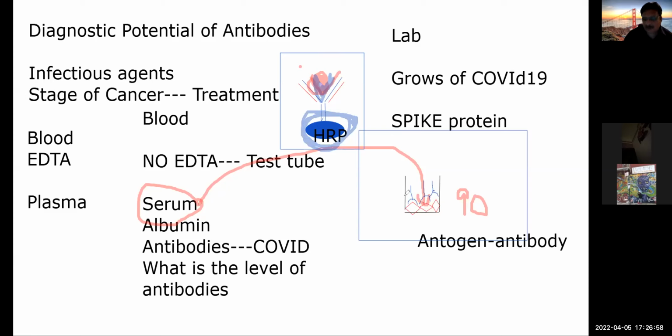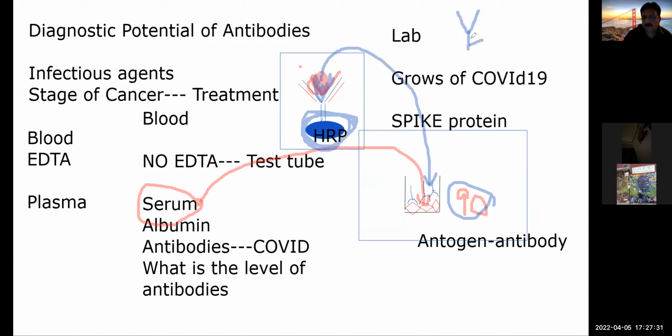Now, once this antigen-antibody reaction has gone for 90 minutes, you can bring this antibody here. This antibody can only bind to the Fc portion of my antibody. My antibody will look something like this.